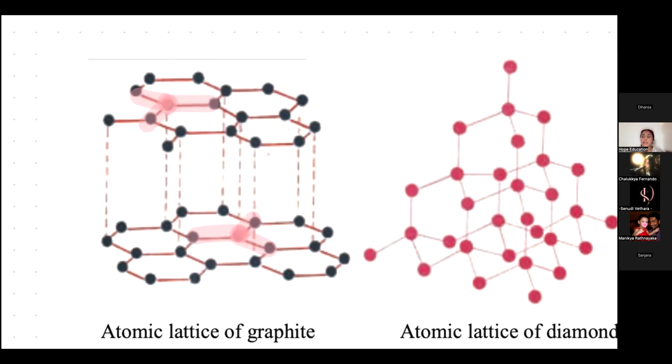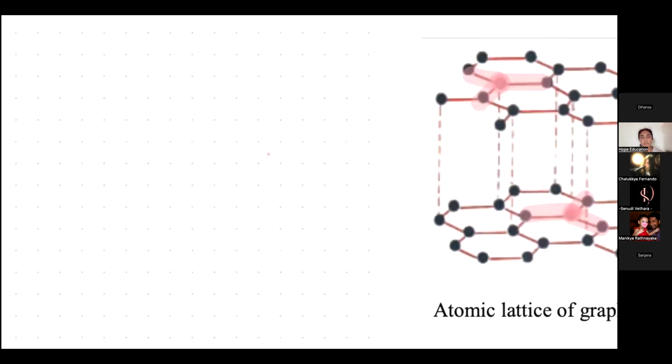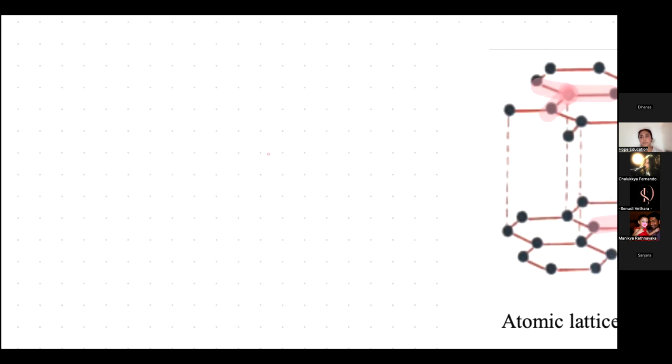Okay. Now I have a question. What is the electronic configuration of carbon? 2, 4. 2, 4 means carbon has 2, 4, right?